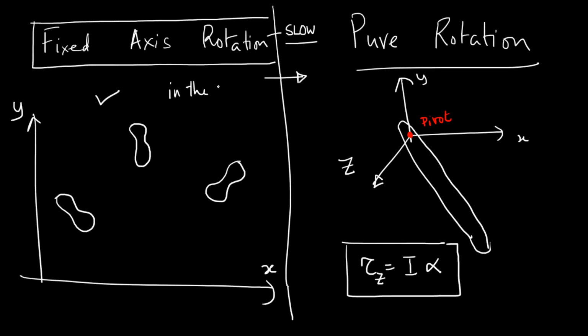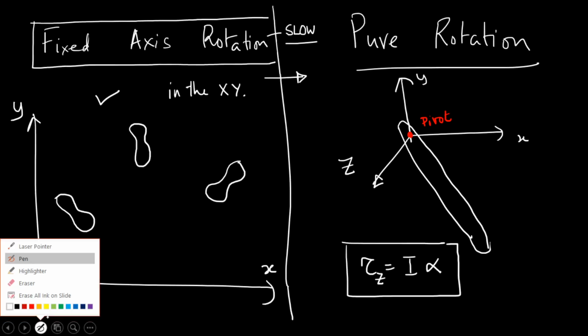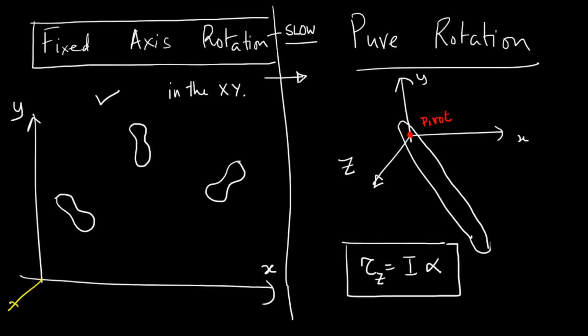It shall not come out of the xy plane, and the rotation is about the z-axis. You can see that the object is rotating. The axis of rotation is always going to be parallel to the z-axis. So how are we going to go about making predictions for such motion?